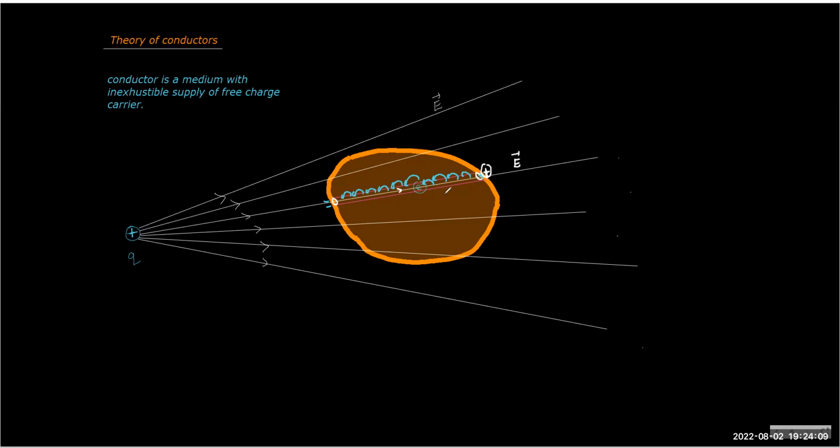So as a whole, when this process continues, some charge will deposit on the two ends of the tube that I have drawn. And this accumulation of charge, let me draw it separately. Imagine this is the tube which I'm drawing separately.